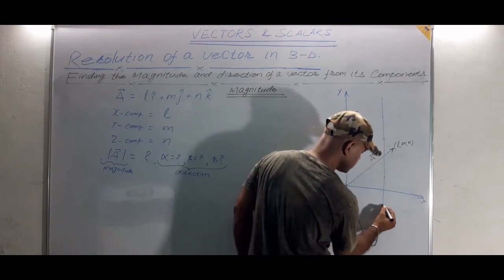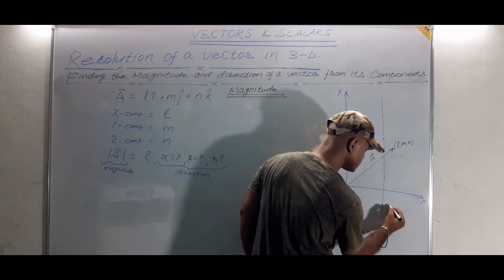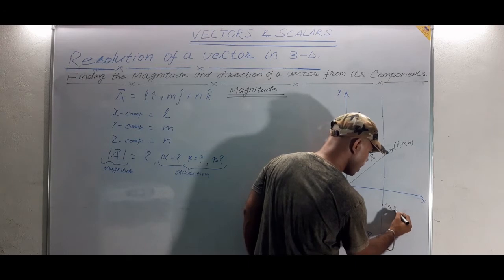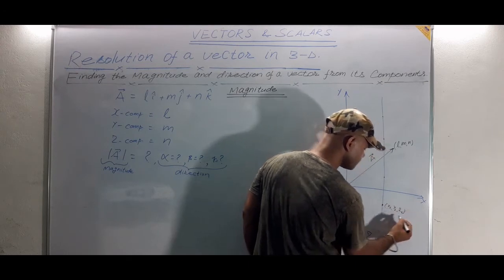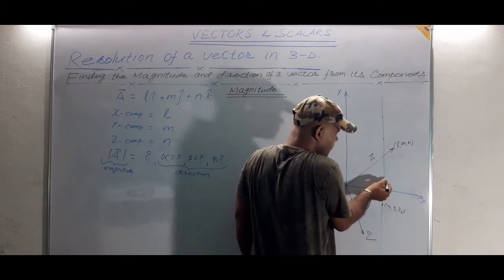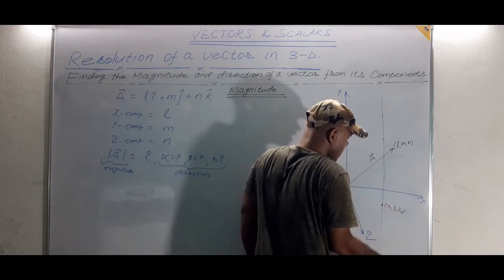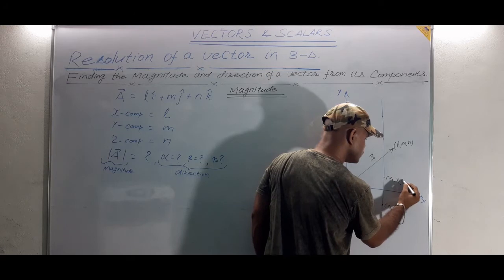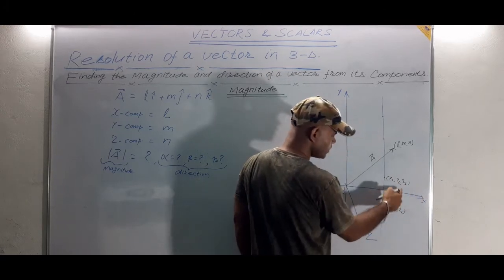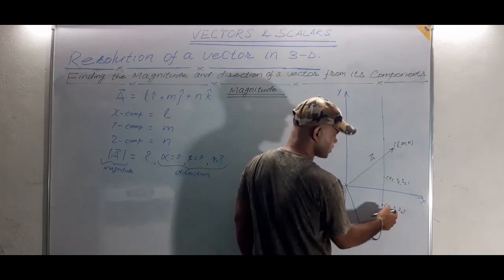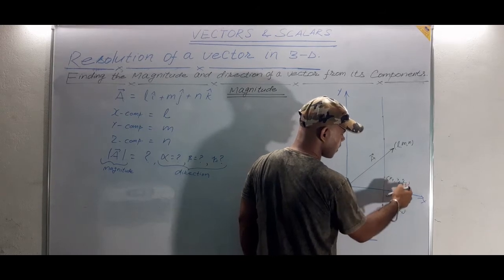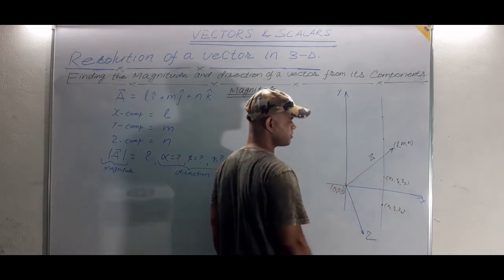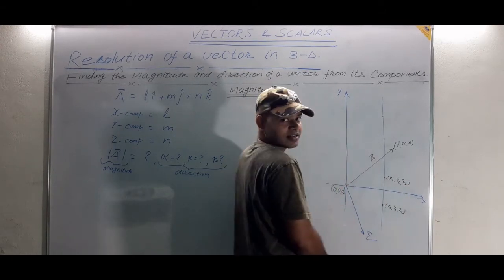For example, this point has coordinate, let's say x1, y1 and z1. So if you go above, anywhere or down, doesn't matter, here the coordinate will be x1, y2, z1. Only the y coordinate will change. The x coordinates and z coordinates will not change because you are moving only along y-axis. Are you getting it?